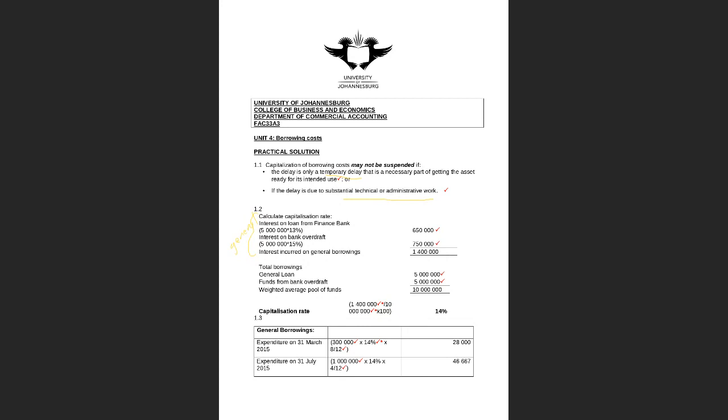That's the interest for the two loans. We add them together, and the total borrowings are the 5 million and 5 million. We take the interest divided by the total borrowings of 10 million, multiplied by 100, and that gives you the 14% capitalization rate. Any questions?